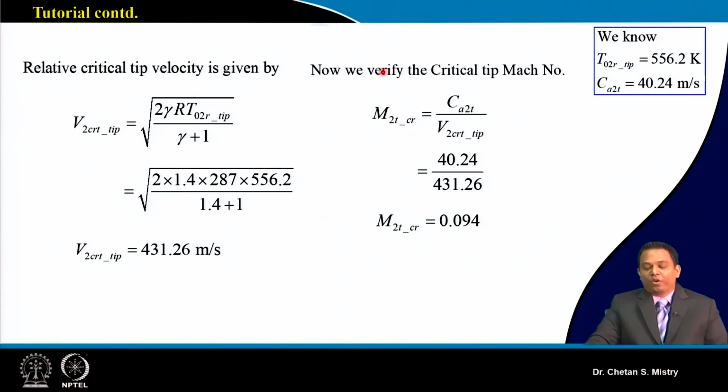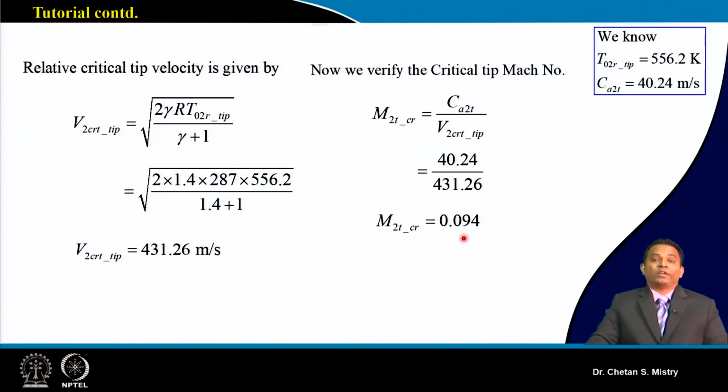Now we know our critical Mach number. Since beta is given as 0, we write this as CA2 divided by V2 critical, and this gives the relative critical Mach number at the tip as 0.094.